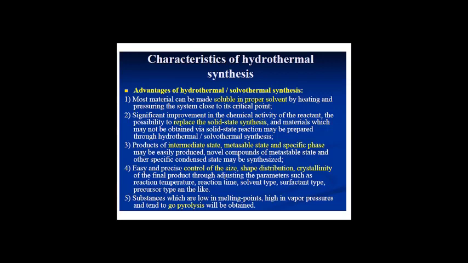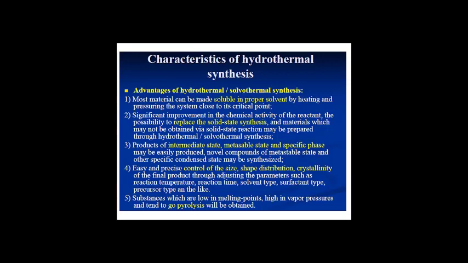Number four, this method is very easy and precise. This method can be used to control the size of the particles, the shape, distribution like morphology, crystallinity of the final product, and this can be done by adjusting the parameters such as reaction temperature, reaction time, solvent type, surfactant type.